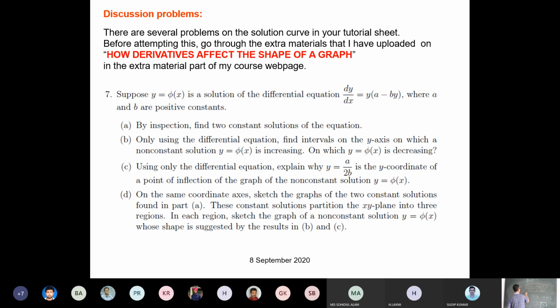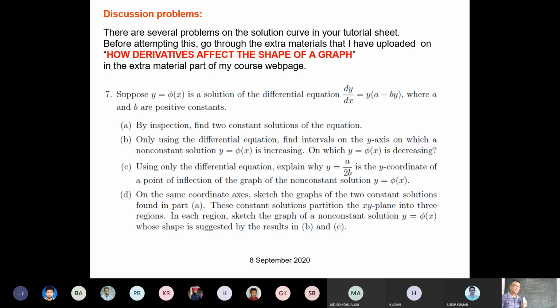Can somebody tell me about this decreasing? In a similar way, you will see that it is decreasing on the interval y less than 0 and y greater than a by b. Is it okay?